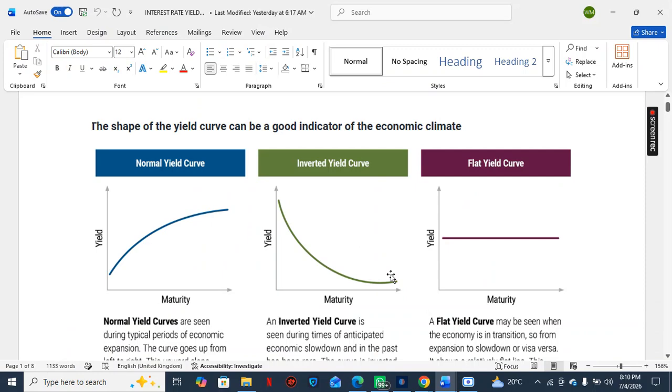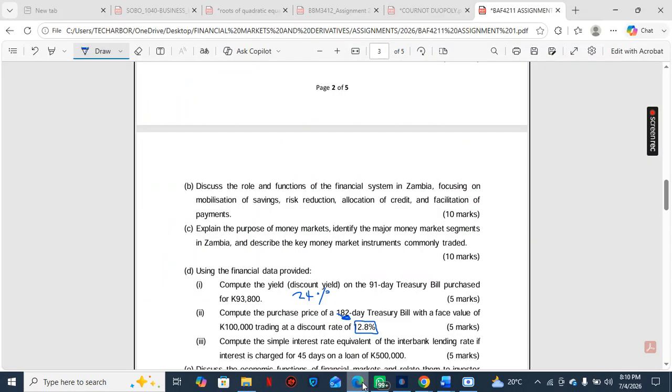Because 91 days is shorter than 182 days, you'd expect the 182-day Treasury bill to give you a higher return. But in our example, it's giving you a return of 12.8%, and the short-term Treasury bill is giving you a return of 24%.